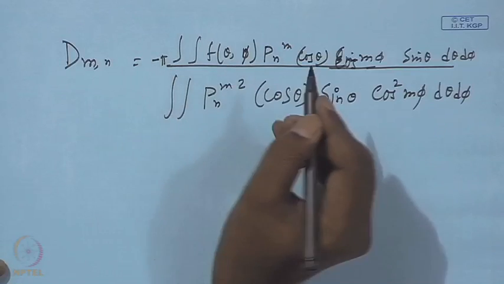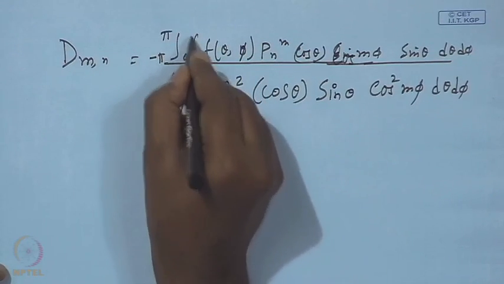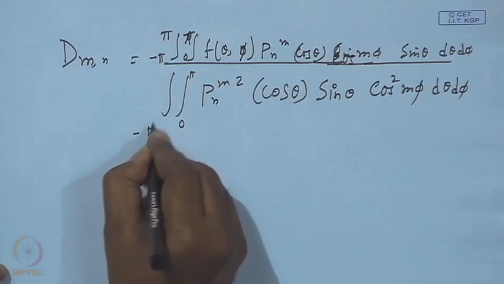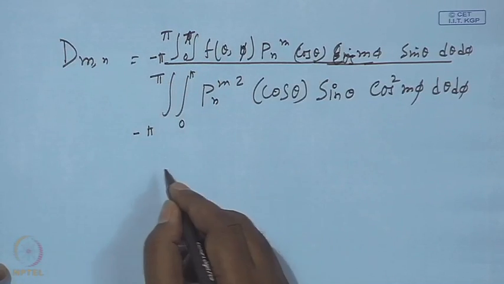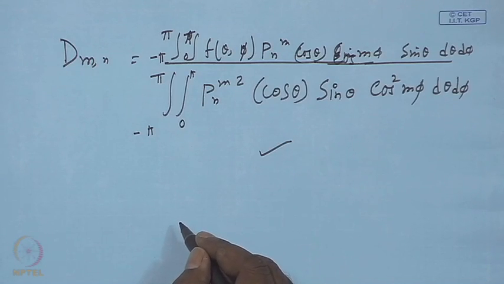Limits will be theta from 0 to pi and phi from minus pi to plus pi. So, we can evaluate the integration constants d m n and c m n, we will be able to completely solve the problem in the spherical polar coordinate.